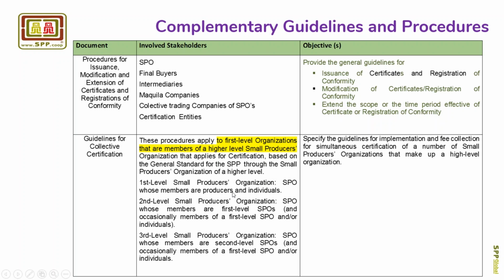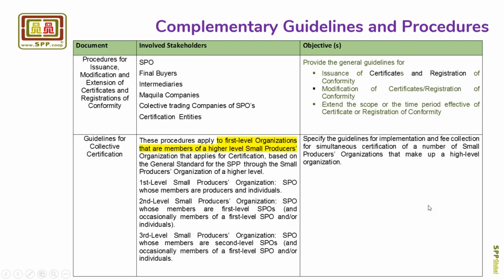It means that the higher level the organization is, the more complex the structure and the number of members, maybe. The objective is to specify the guidelines for implementation and fee collection for simultaneous certification of a number of small producer organizations that make up a high-level organization.